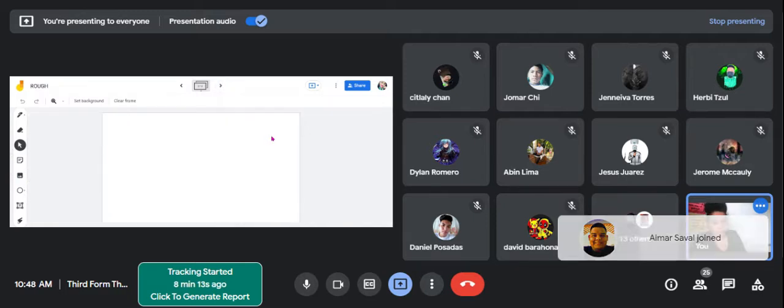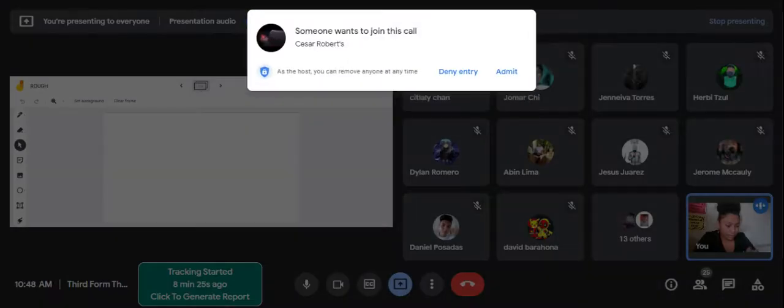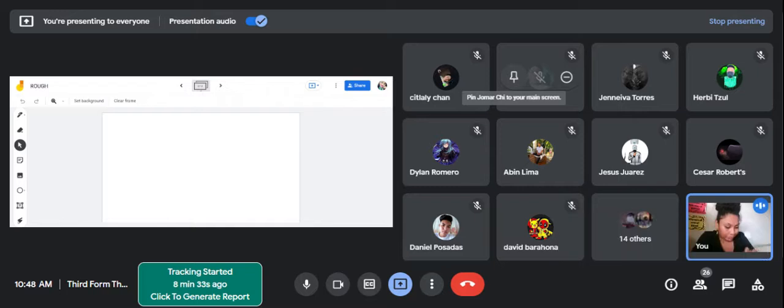We're going to do a rough drawing of what it's supposed to look like, so that when we go ahead and do the construction, we have a clear idea of what we have to do.